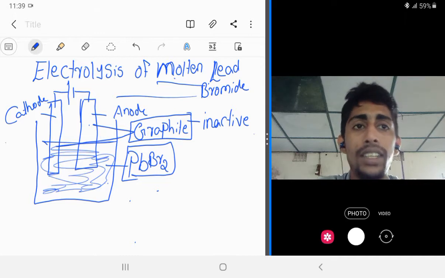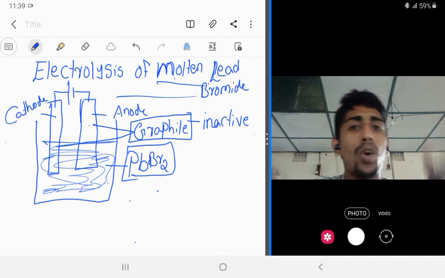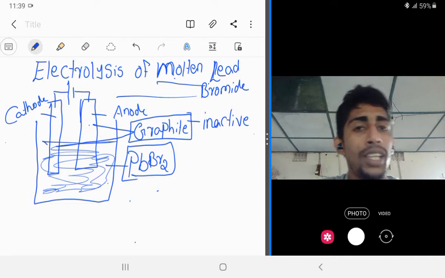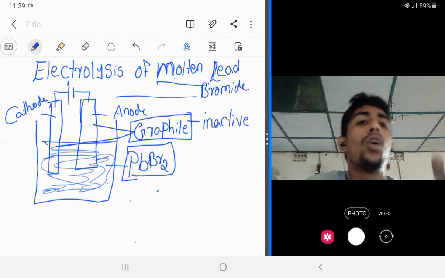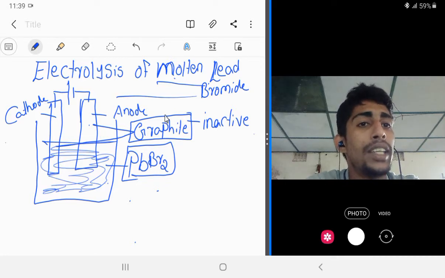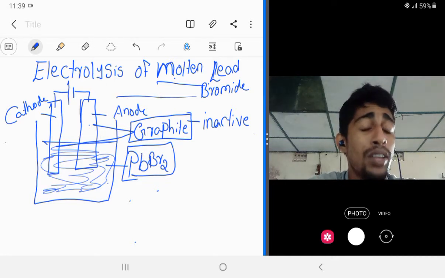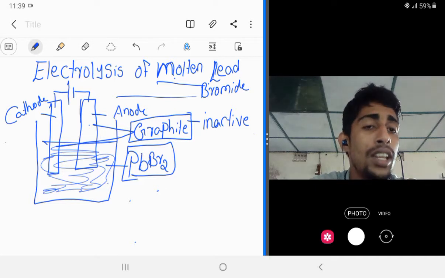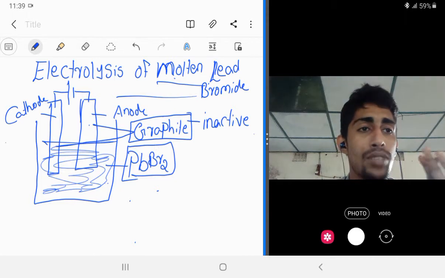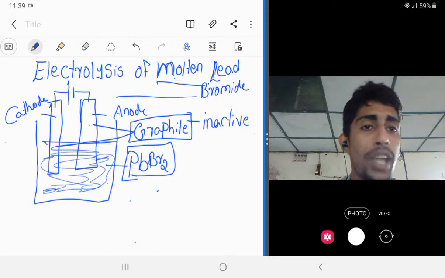So in this electrolysis, both the cathode, the negatively charged electrode, and the anode, the positively charged electrode, are made of the inactive electrode graphite. You have to remember what the electrodes are made of. Here graphite is inactive, so always keep that in your mind.